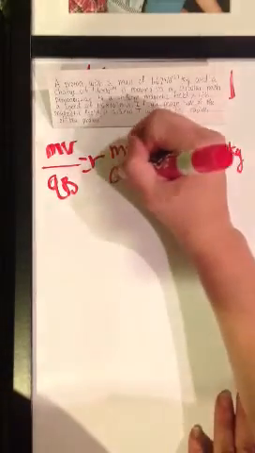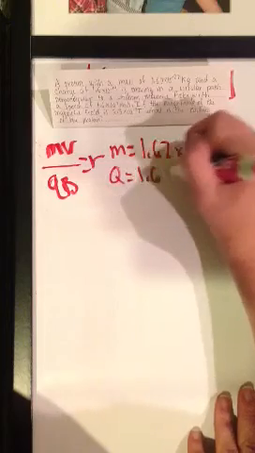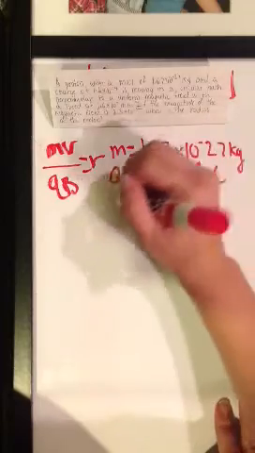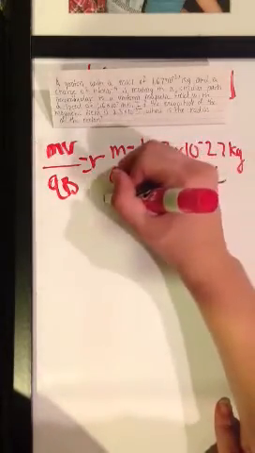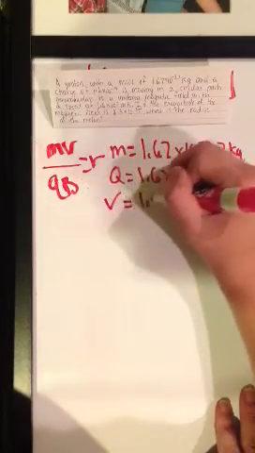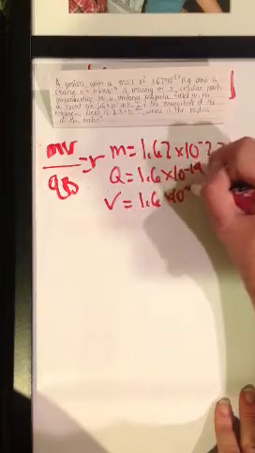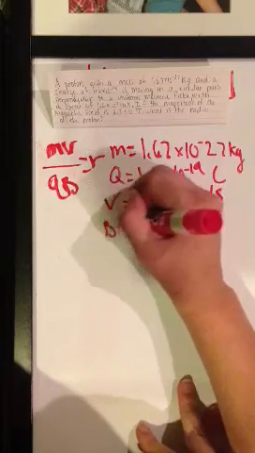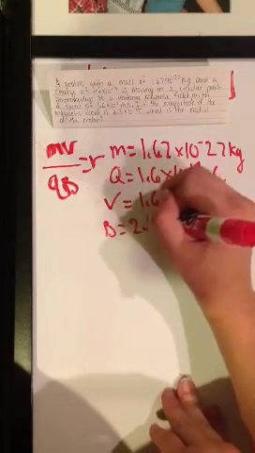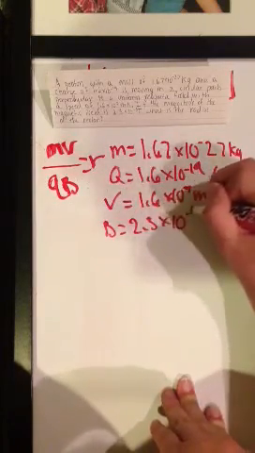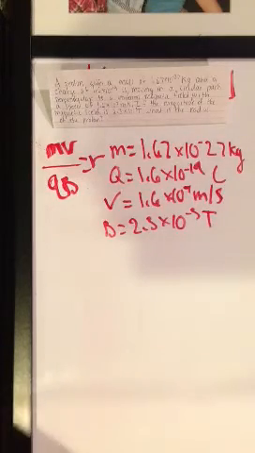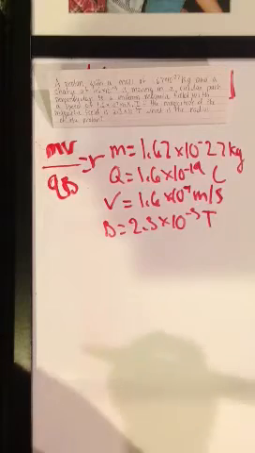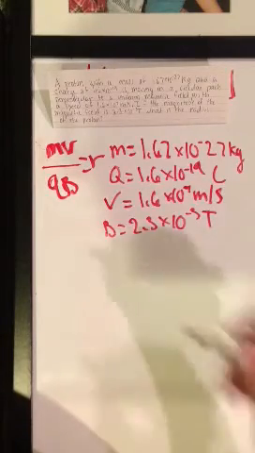The charge equals 1.6 times 10 to the negative 19th coulombs. The velocity, or the speed, equals 1.6 times 10 to the 7th meters per second. And the magnetic field equals 2.3 times 10 to the negative 3 Tesla. With all these variables and amounts, we can find what the radius is.